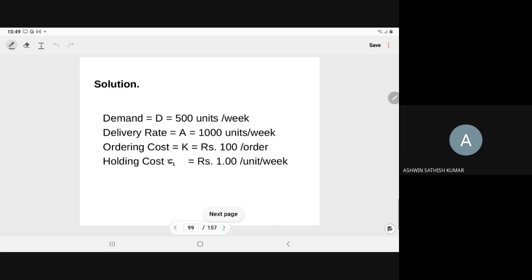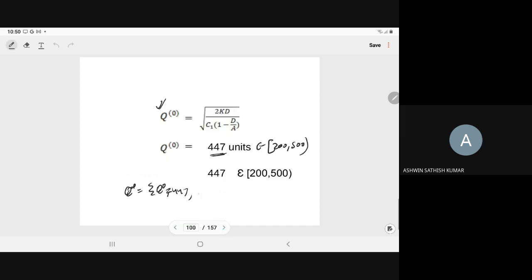So Q star can be either 447 or 500 or 1000, the left limit of the right intervals.